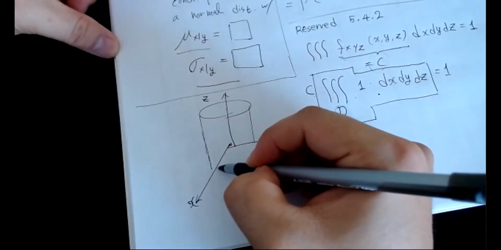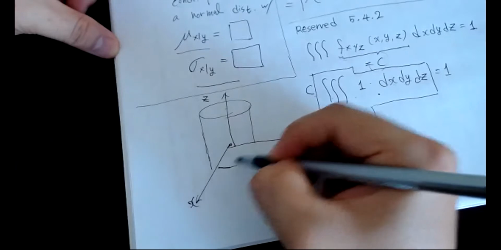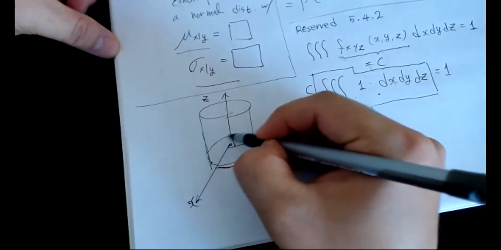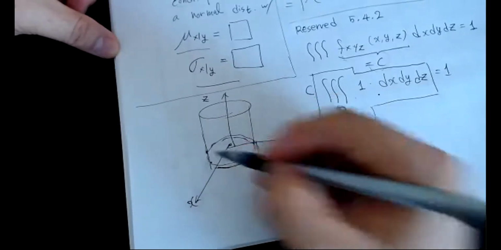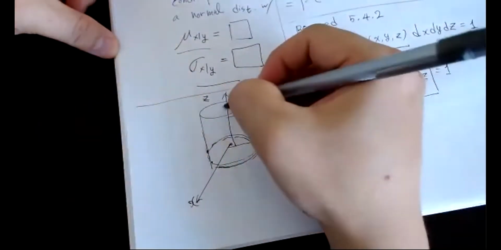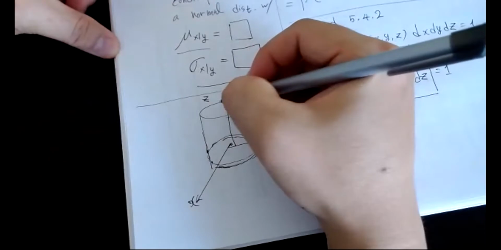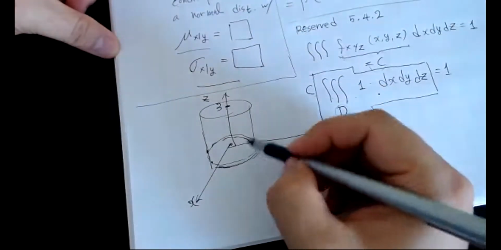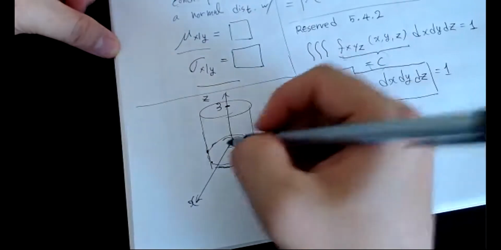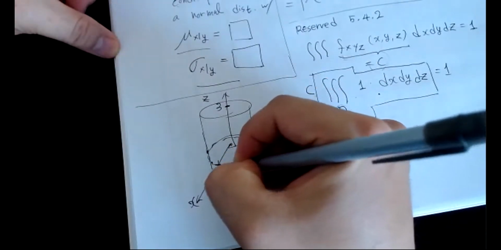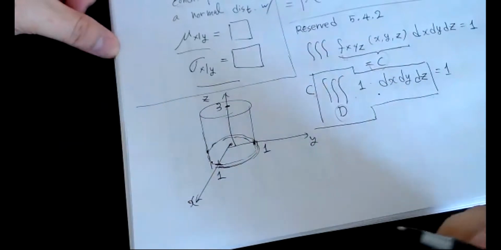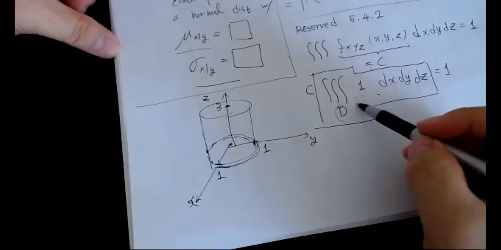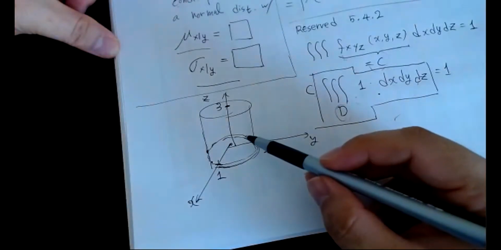The height is 3, and the radius of the top and bottom is 1. So the triple integral of 1 must be equal to the volume of this cylinder.